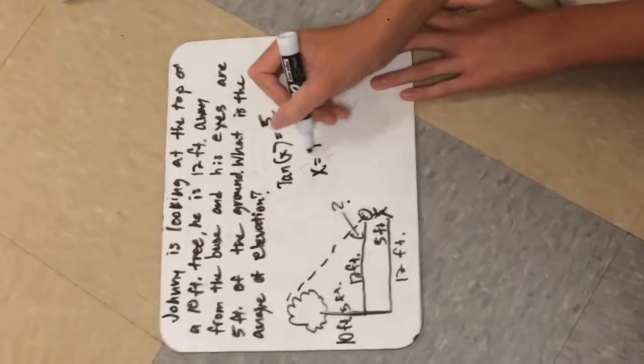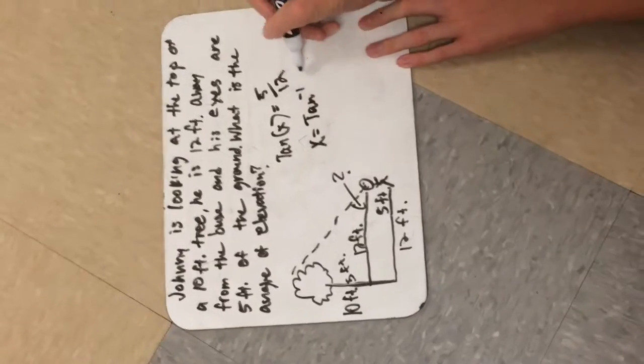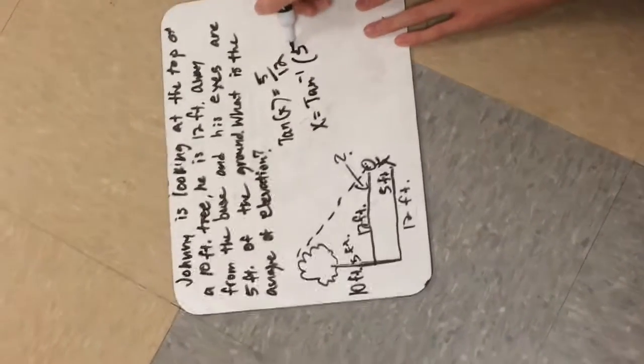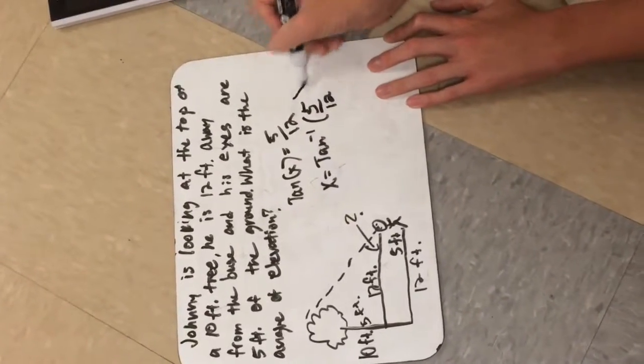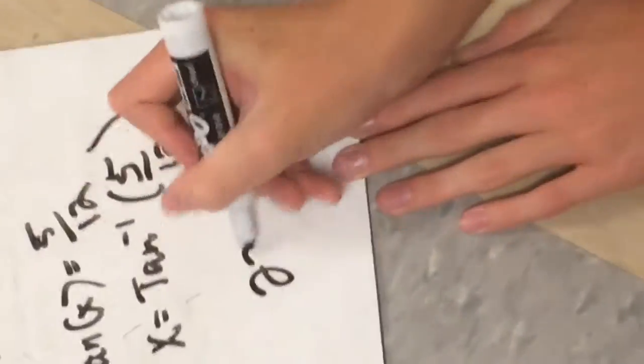So we're going to do x equals tangent -1, 5 over 12. Plug it into our handy old calculator. And we get 22.6. And there's your answer.